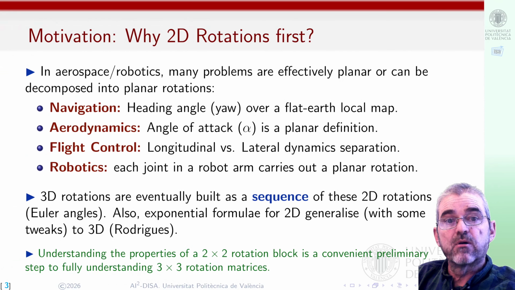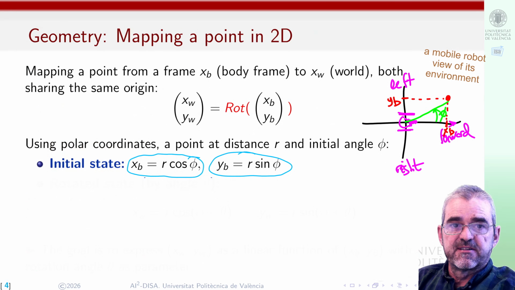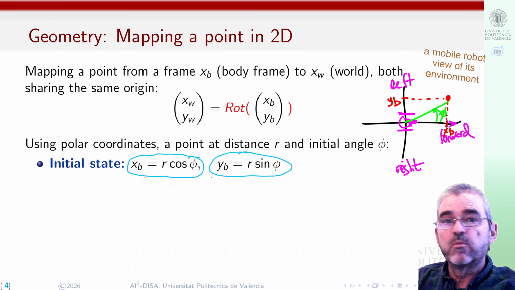So let's go. Let us consider a basic problem in robotics or navigation. I have a robot with two wheels moving in the world, and the robot sensors, LiDAR, ultrasound, cameras, detect a red point, a landmark feature, at a certain distance, r, and at a certain angle, phi, from what the robot considers its forward direction, the perpendicular to the axis of rotation of the wheels.